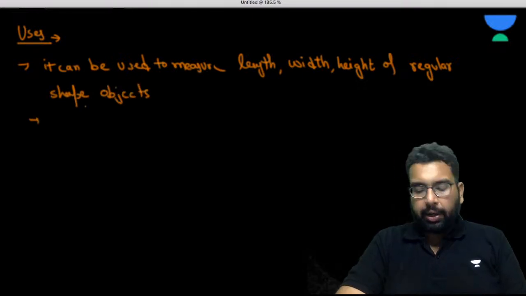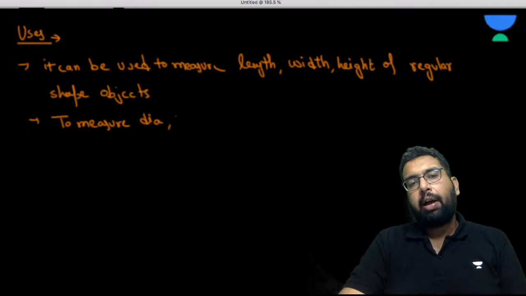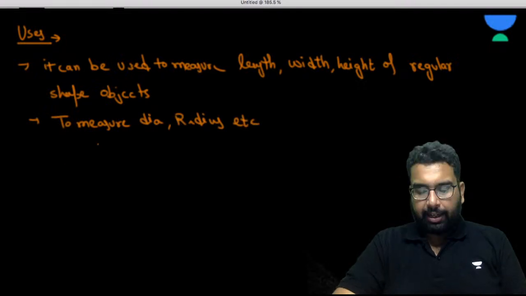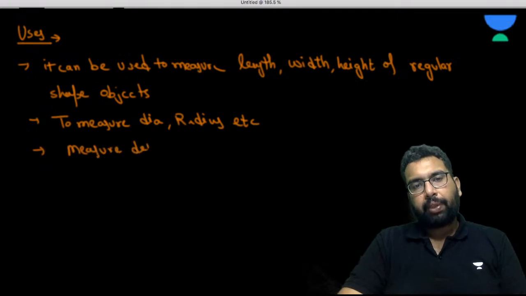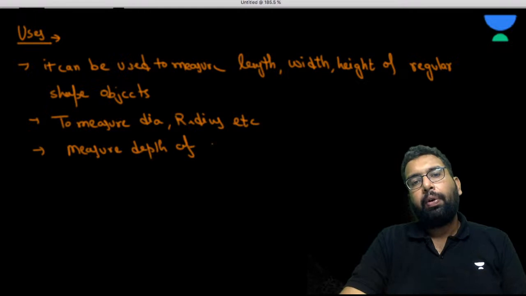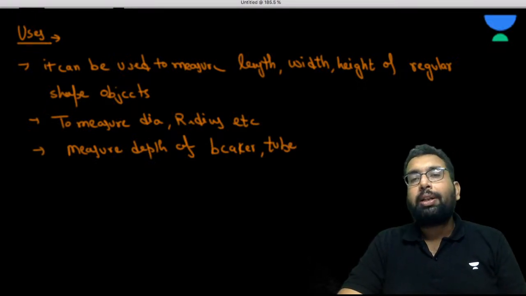Moreover, it can be used to measure diameter, radius, etc. It can also be used to measure depth of a beaker, tube. That means it can be used to measure the depth of hollow small things.